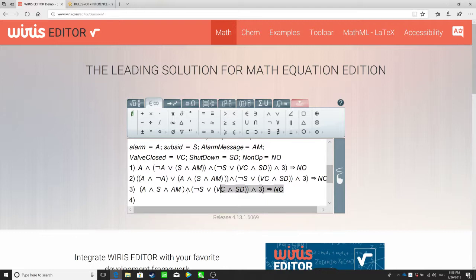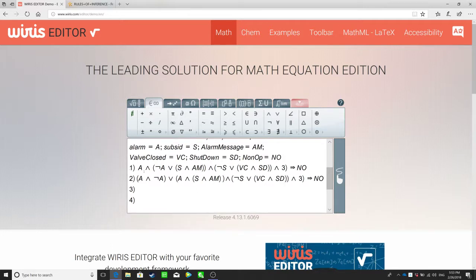Okay, so when we do this distribution, we remove these brackets and put this A and inside this OR, but we still need to group them together, because if we do not, this AND has a higher priority.